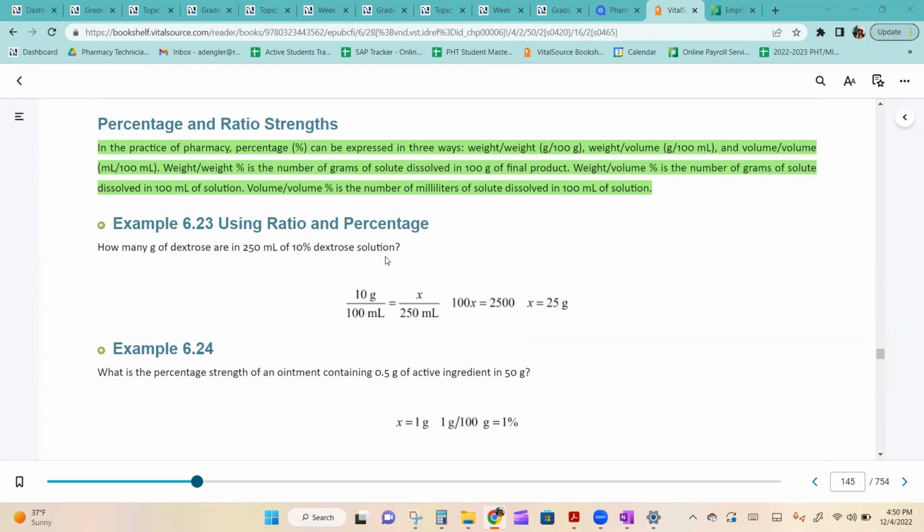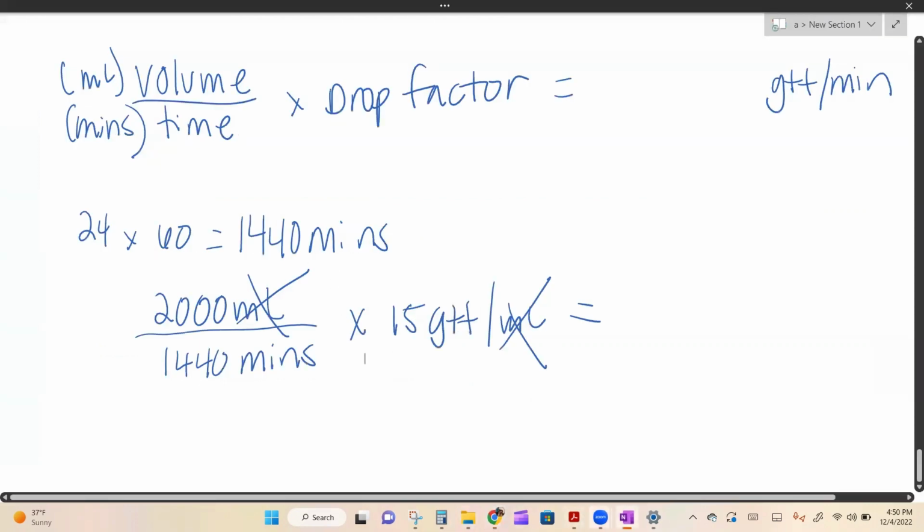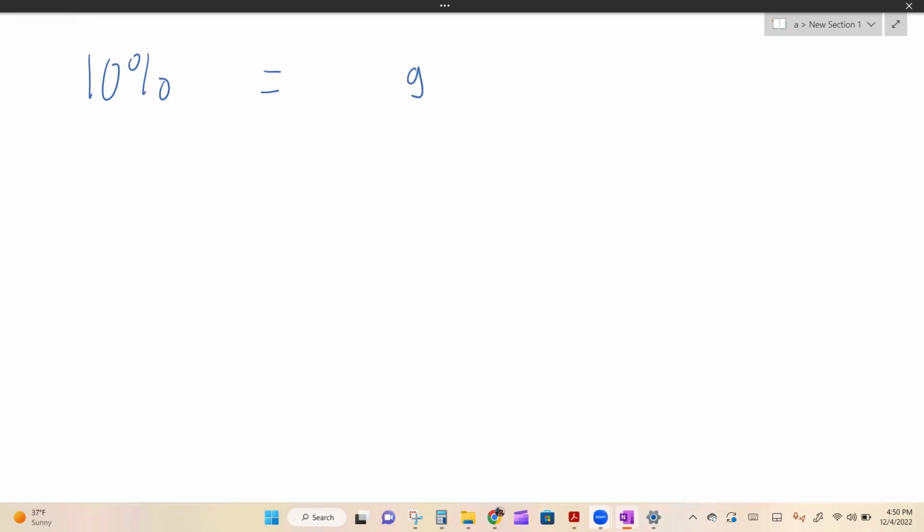That tells me I'm going to probably have a weight over volume problem. So then I'm going to take my percentage. We have 10%, and that is like the grams per milliliter. So 10% is 10 grams over 100 ml.